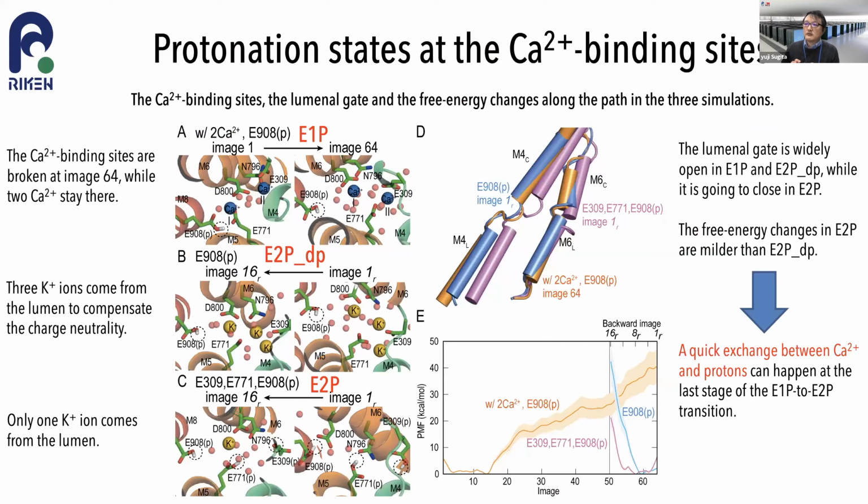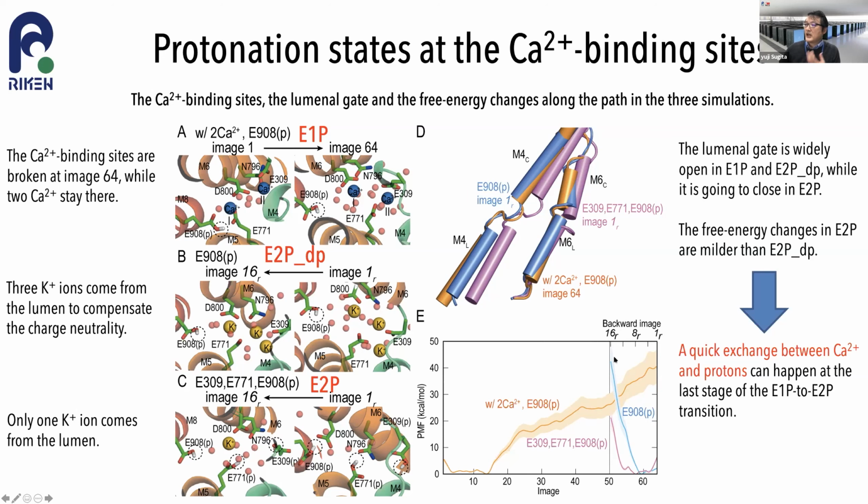And again, by performing this calculation, we can obtain free energy changes from one state to another state. We also performed different protonation states. I mean, in one simulation we add 3 protons, and in another just 1 proton. This simulation suggests that the 1 proton simulation is quite unstable.